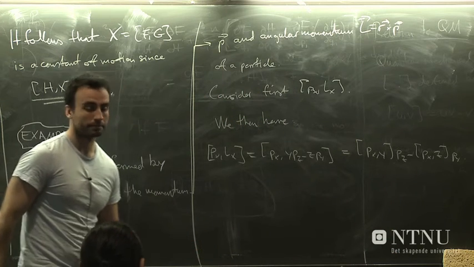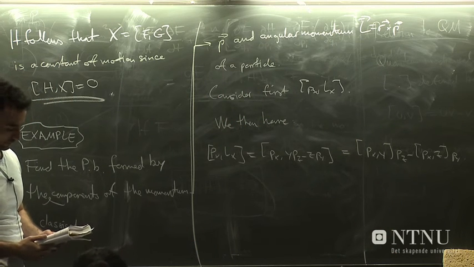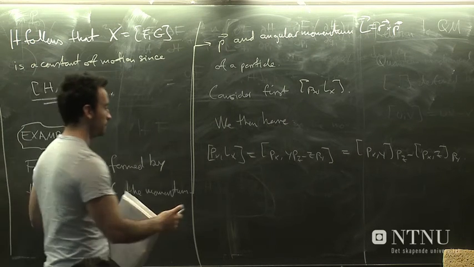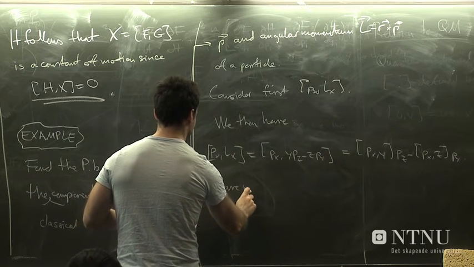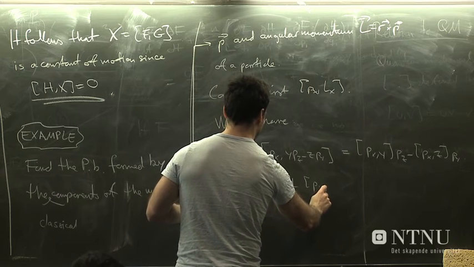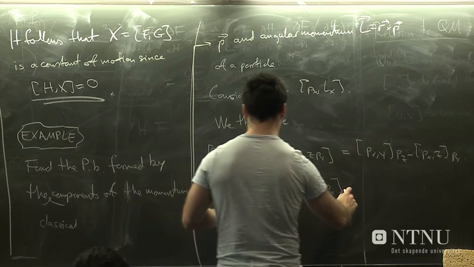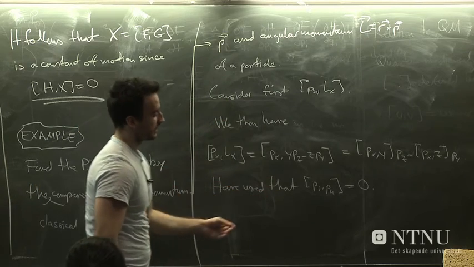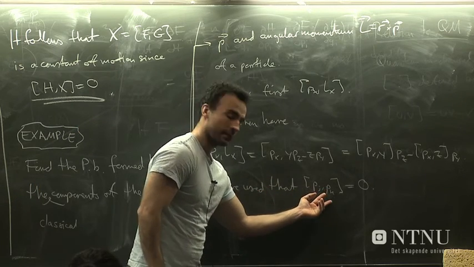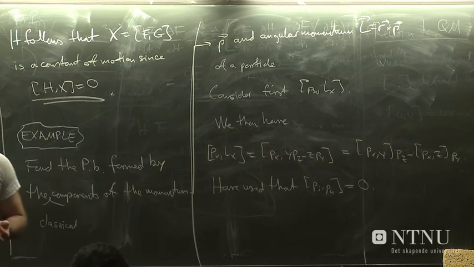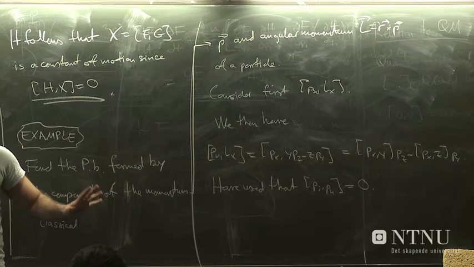we have the following. And what I've used here to obtain this equation is that the Poisson bracket of two components of the momentum is 0. And you can see this just by inserting it into the definition.